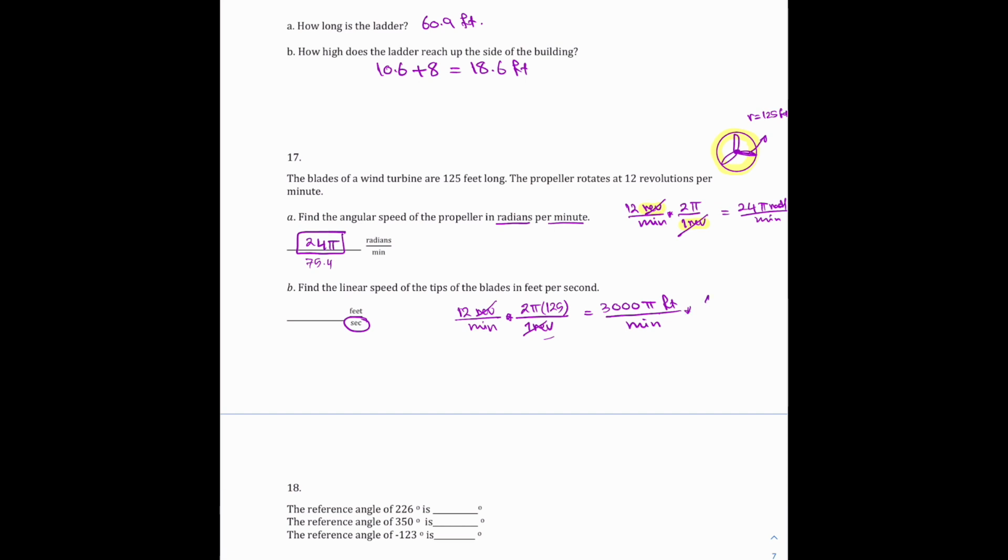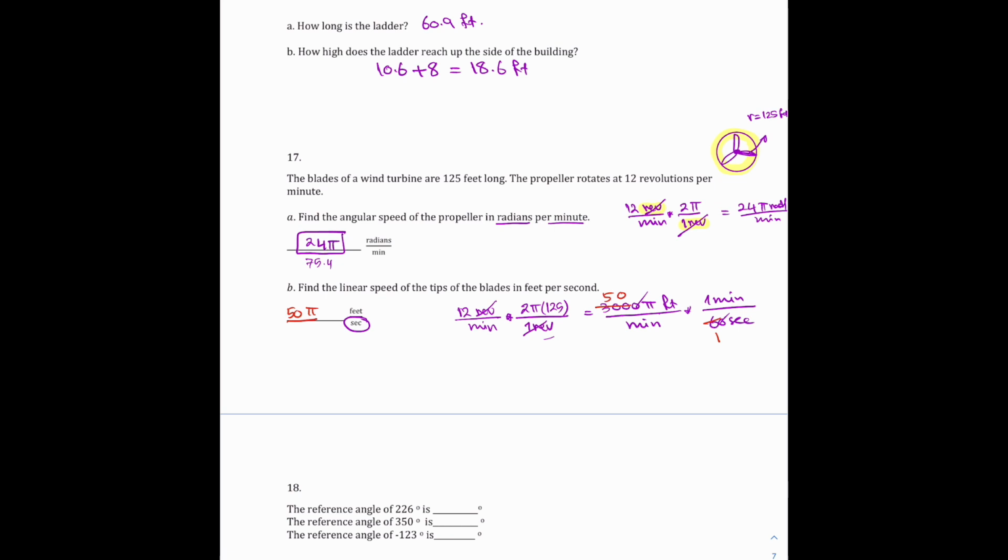So we know that 1 minute is equivalent to 60 seconds, which means we're going to divide by 60. The 0 cancels with the 0. If you divide by 6 here you get 1, and divide by 6 here you get 50. So it's 50 pi feet per second.